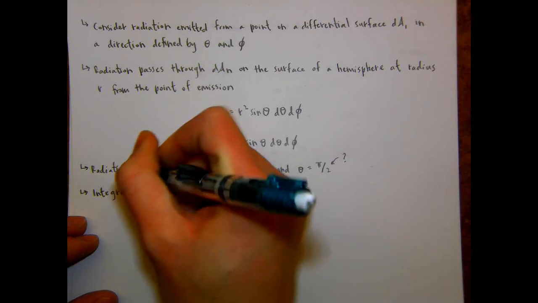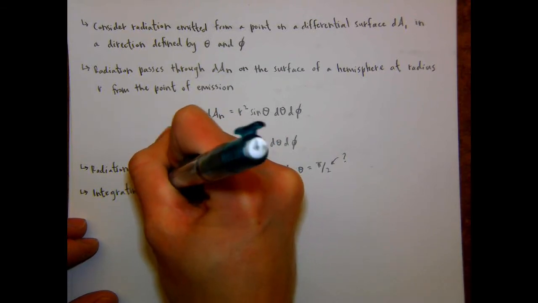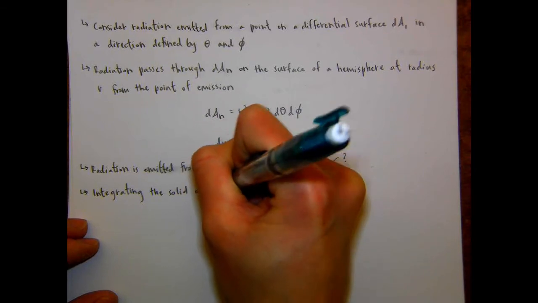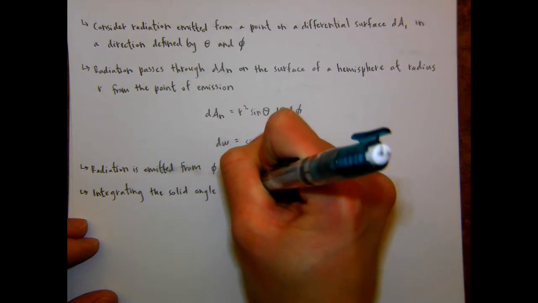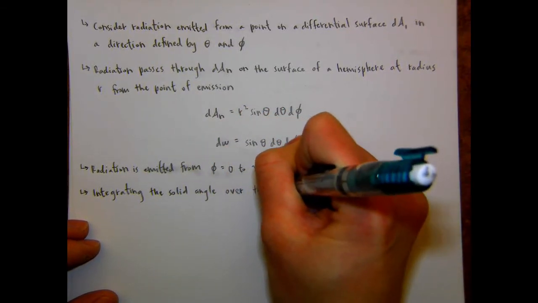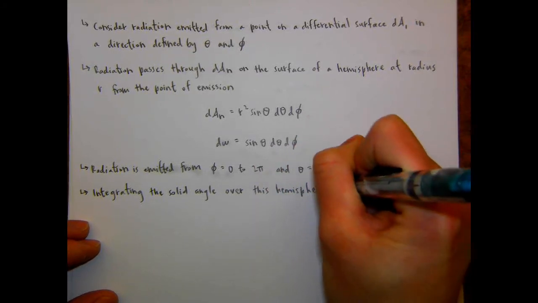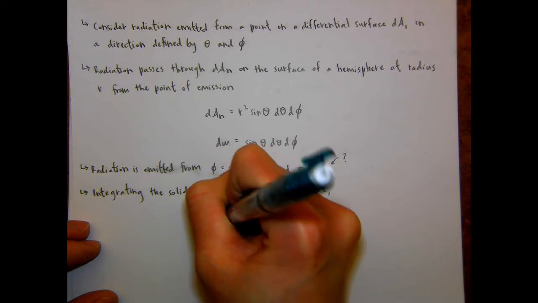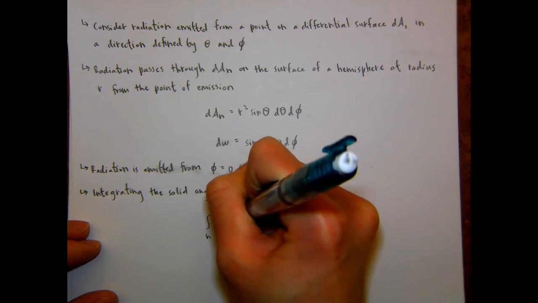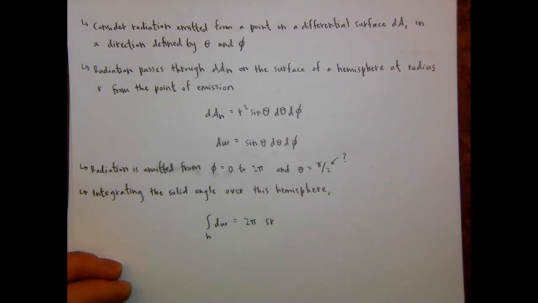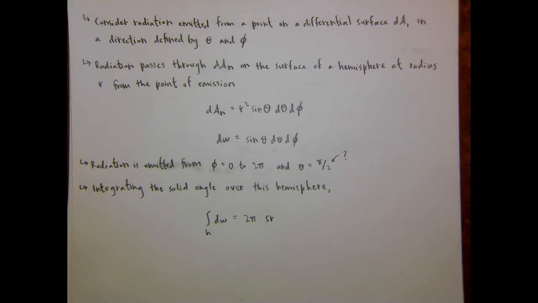So if we integrate the solid angle over this hemisphere, we get that it's equal to 2 pi steradians, where a steradian is the unit of the solid angle.